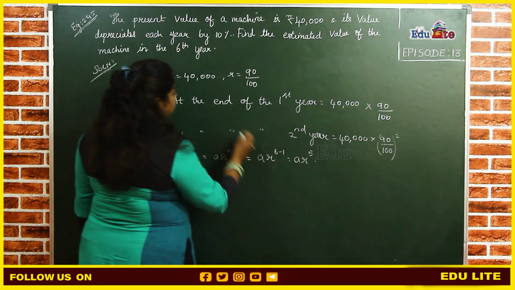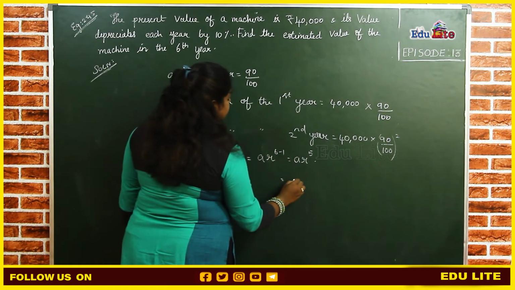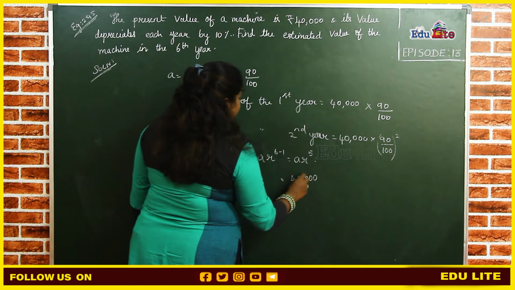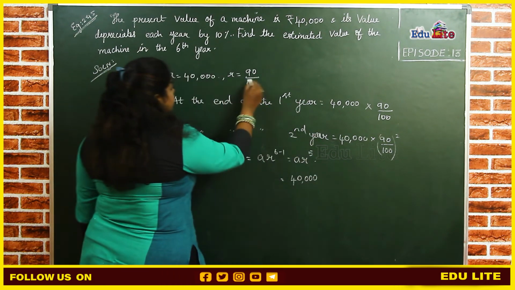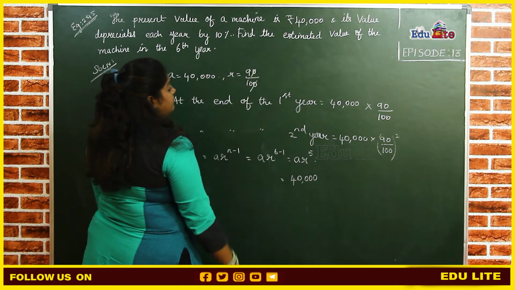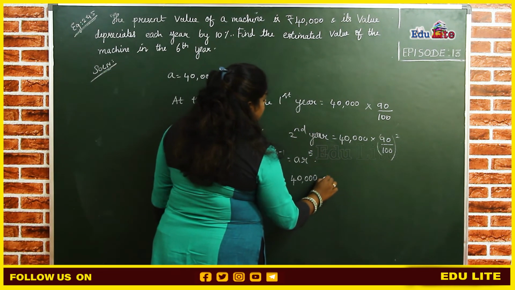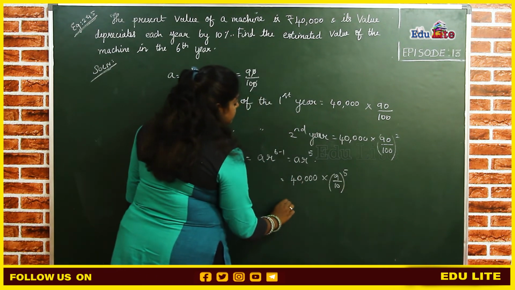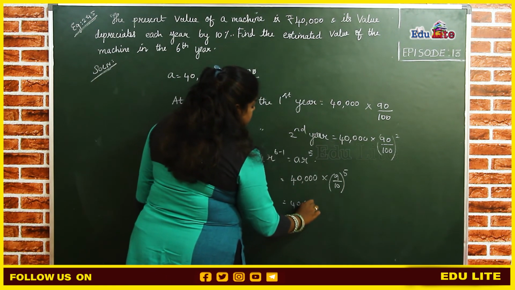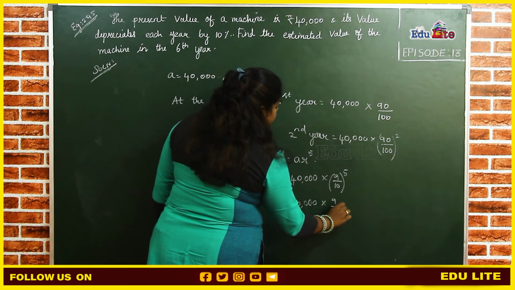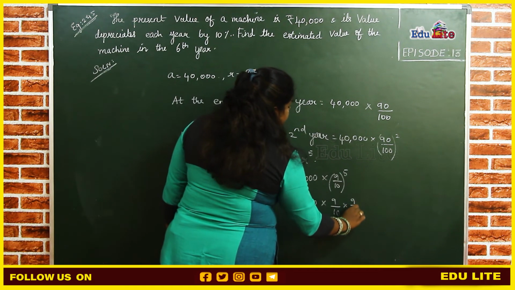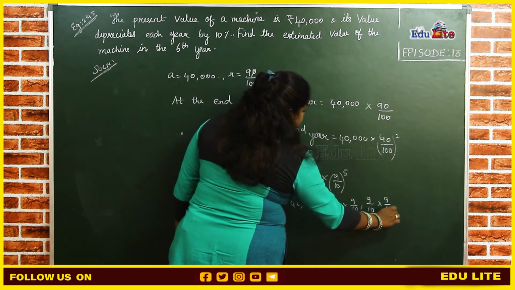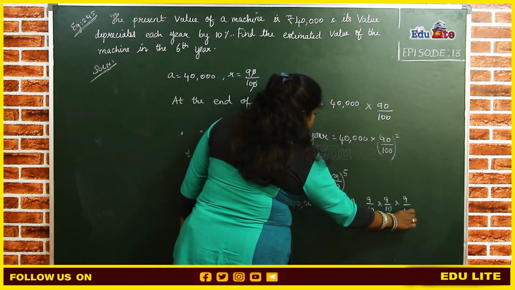So we know the value of A and r in this. Let us substitute and simplify. A value is 40,000 and the value of r is 90 by 100. In this the 10s get cancelled, and we will get 9 by 10 power 5, so 9 by 10 five times. 40,000 into 9 by 10, 9 by 10, 9 by 10, 9 by 10, 9 by 10.